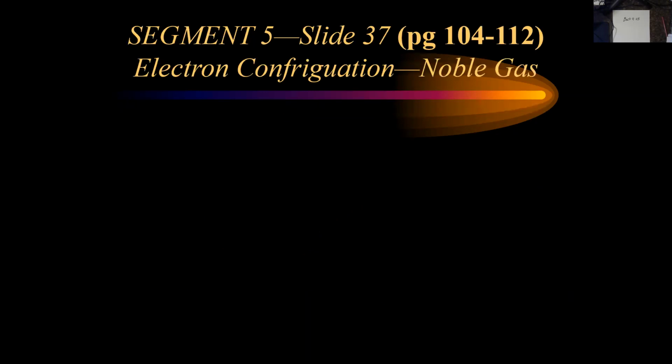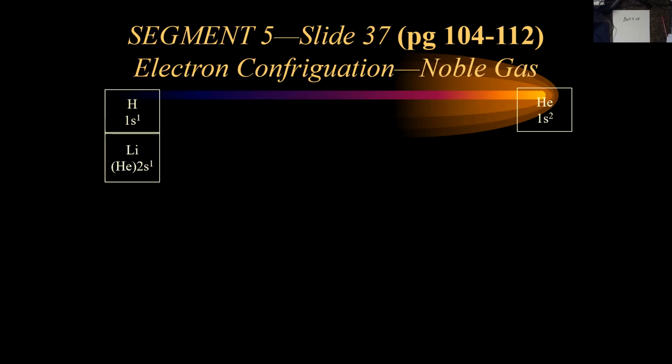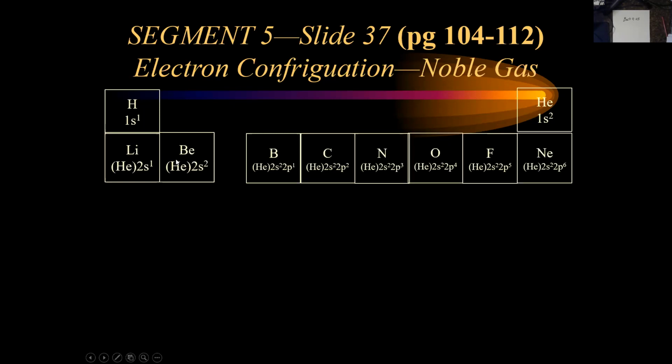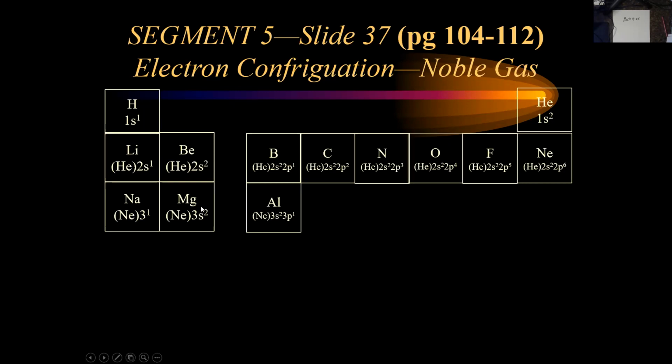So now, the 1s orbital with 1 electron in it, that's hydrogen. And the second electron is helium. It's the noble core. The next one is lithium, then beryllium, then boron and carbon and nitrogen and oxygen and fluorine, and then neon, and then sodium. And the gap that I'm leaving in here is the transition elements.